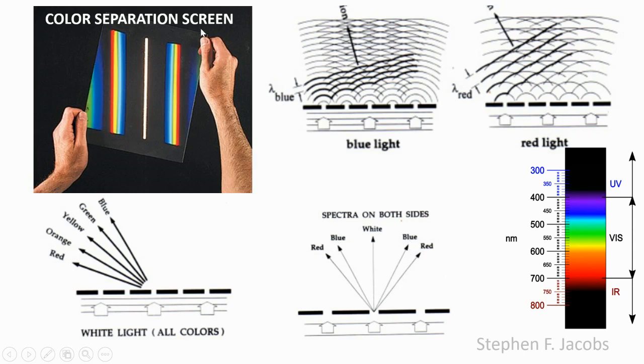That's why you see two sequences on both sides of the white light. So diffraction can explain how we can see different colors by looking at white light through a diffracting paper.